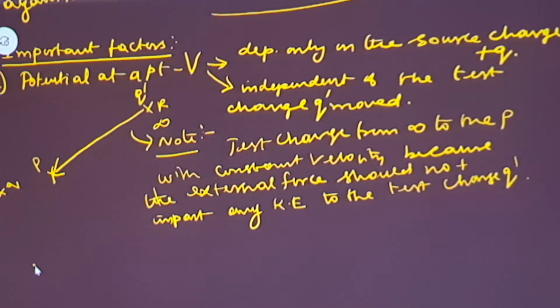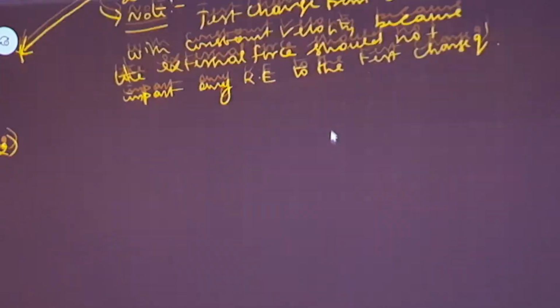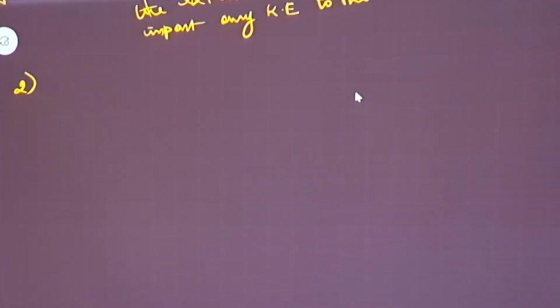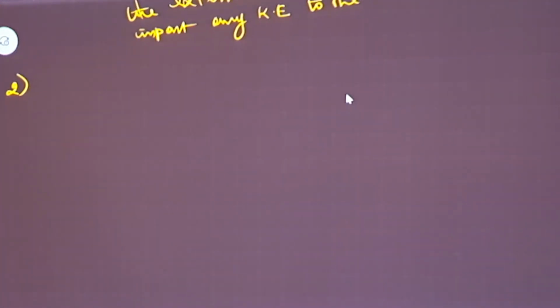Then let us go to point number 2, the important point. What is the unit for electric potential? While writing, I have represented the unit for potential or potential difference as volt. Is there any other way to express it?